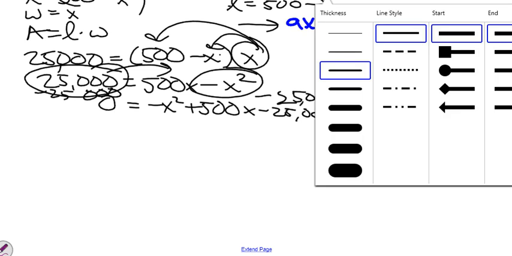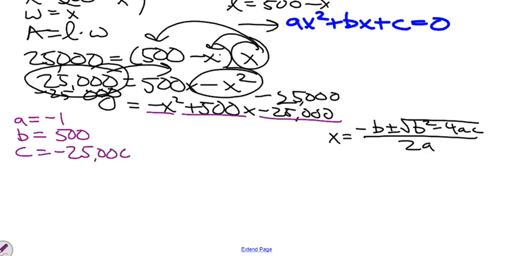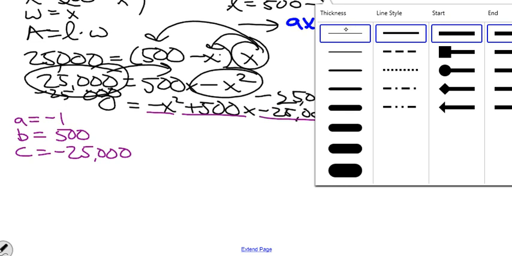Okay, so I'm going to switch to a different color here. So I know that a is going to be -1. I know that b is going to be 500. And I know that c is this giant negative number here, it's negative 25,000. All right, so I'm going to put this in my formula here.